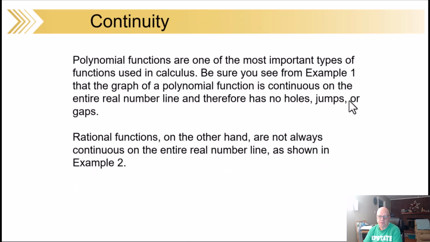Next. So this doesn't say a whole lot except polynomial functions are really important. Those are the ones we're going to be using primarily, but occasionally they're rational functions and they can be a little bit more interesting. Just remember, when you have a rational function, take a look at the denominator and determine when that denominator might be 0, because you can't divide by 0.